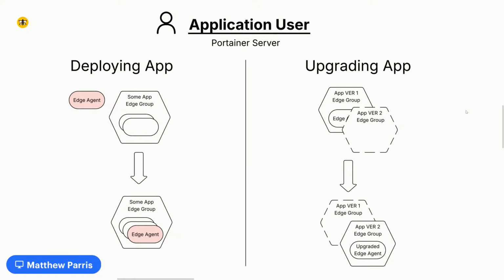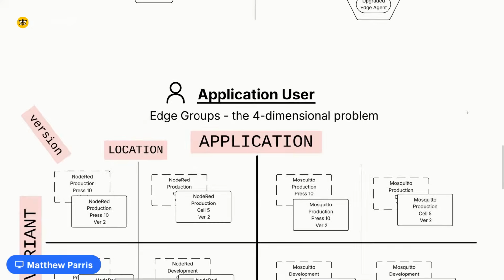Let's say you deployed Node-RED version 1 and version 2 comes out, and you want to upgrade those at scale. You would create a version 2 edge group, and that would be empty, and you would associate your version 2 stack of Node-RED to it. And then when you're ready to upgrade that agent, you would remove it from the version 1 edge group and add it to the version 2 edge group. So that's an upgrade capability.